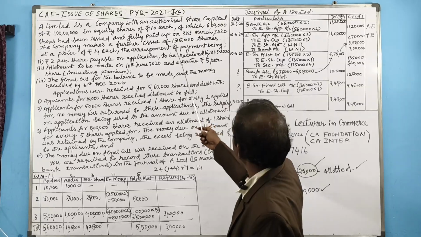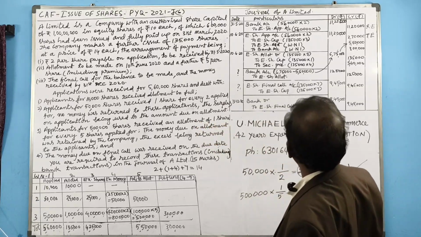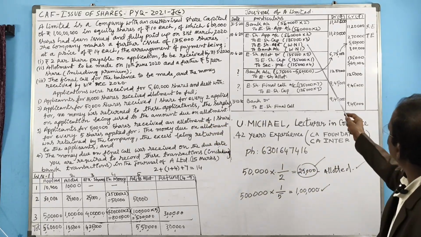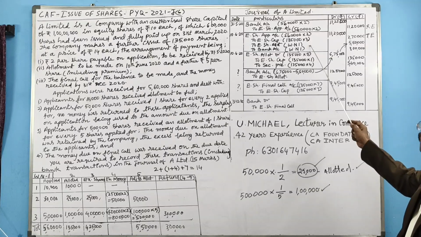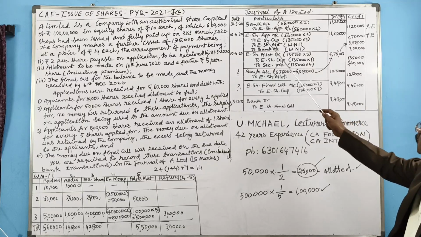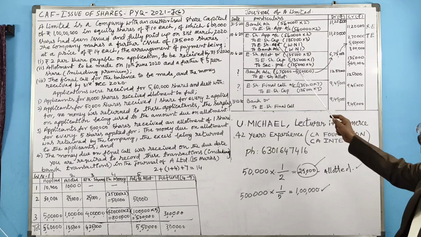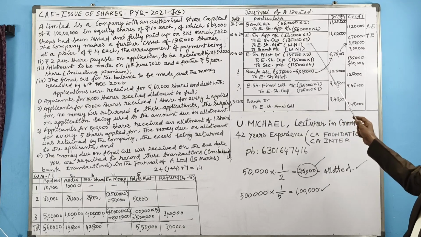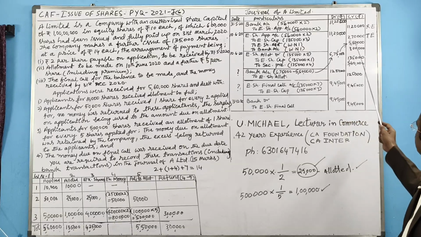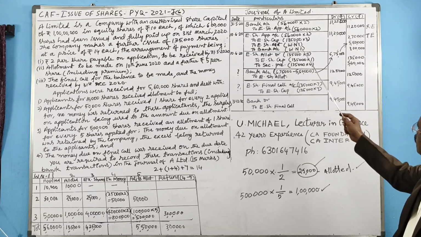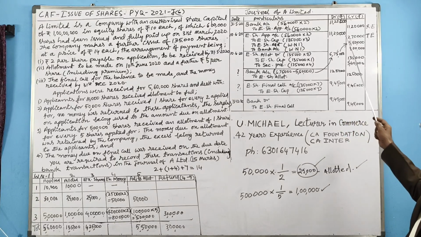On 1,35,000 shares, 2 rupees is to be transferred to share capital. Why 2 rupees? Because it is application money. So equity share capital account is credited with 1,35,000 multiplied by 2, 2,70,000.